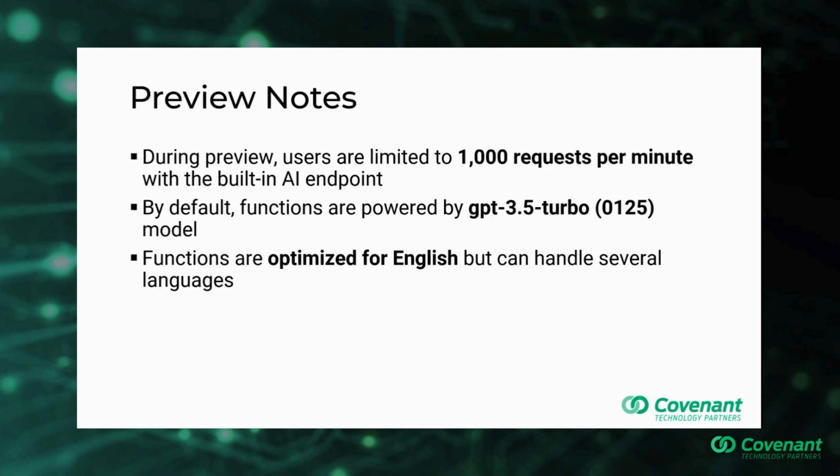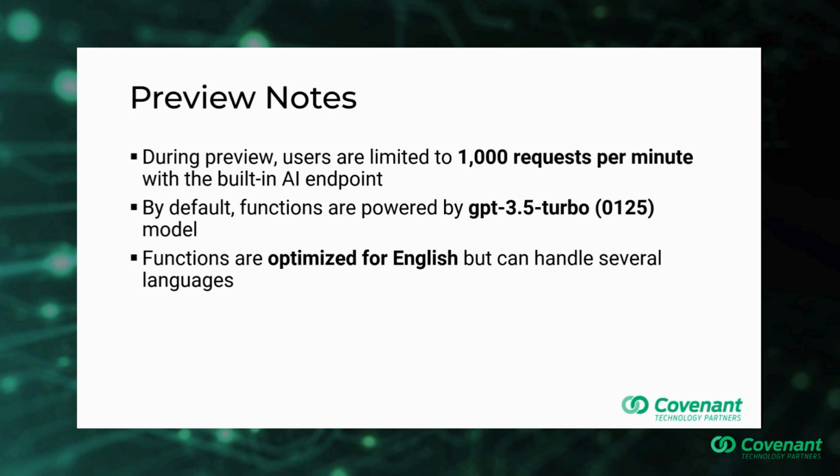Like all of our other previews, there are some limitations while this is in preview. The biggest one here is there is throttling on these. You are currently limited to 1,000 requests per minute. And again, this is a throttle that is part of the preview so that people can't just run away with it while we're testing it out.